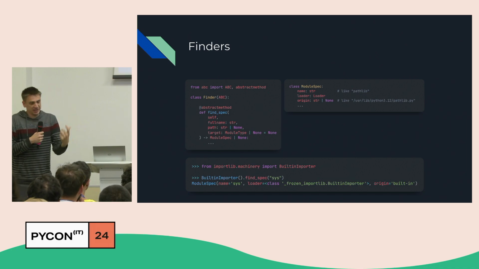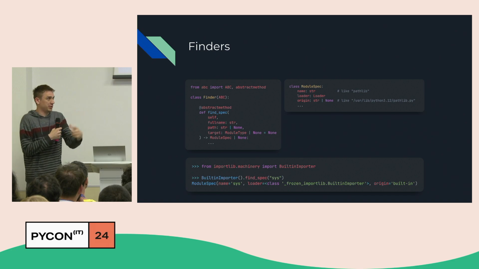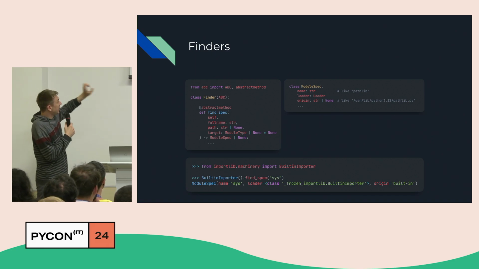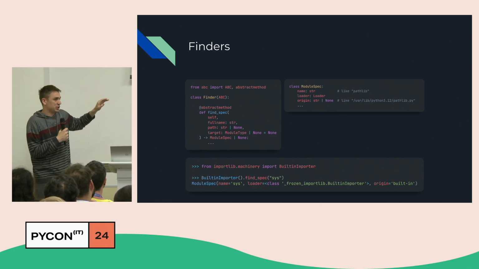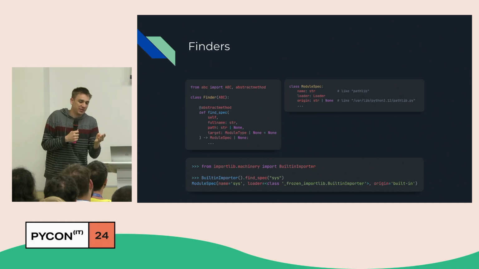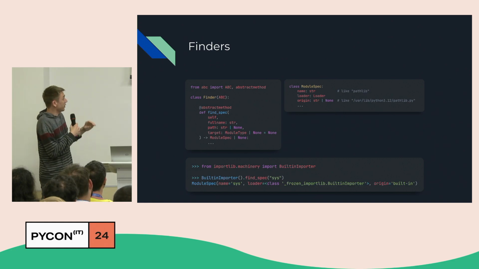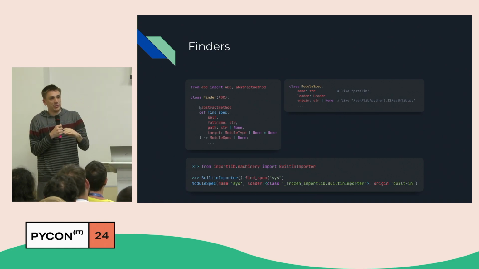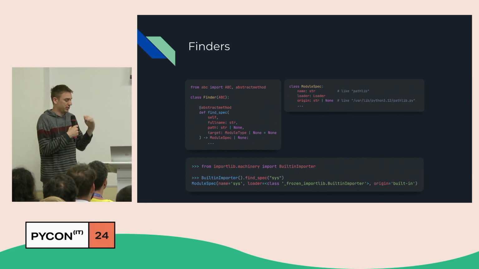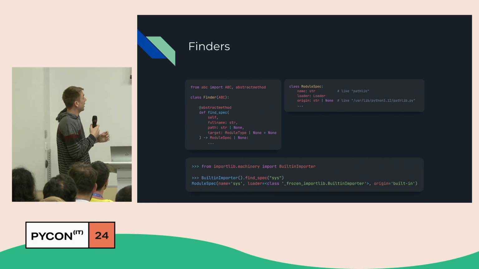And if Y is a package, it's going to ask for where to find Y, or a module, it's going to ask where to find Y. So this find spec method on the finder object needs to return a module spec that just declares, here's where I found this, and here's the loader that I'm going to have the interpreter use to load the package, or load the module into the interpreter.